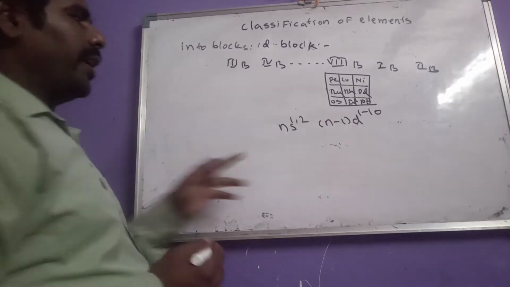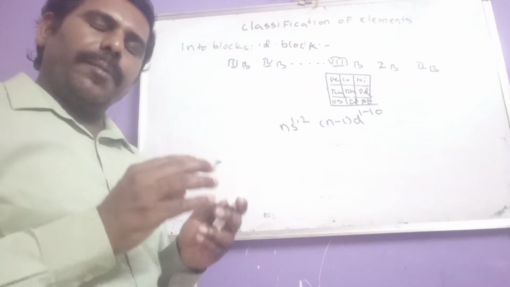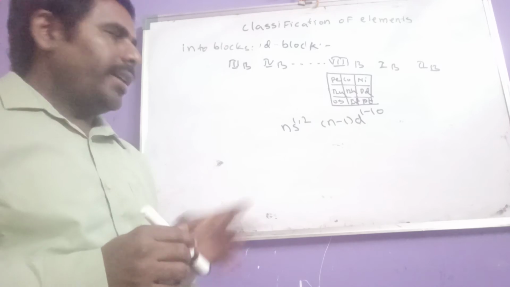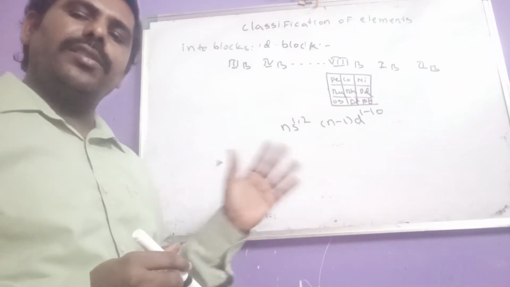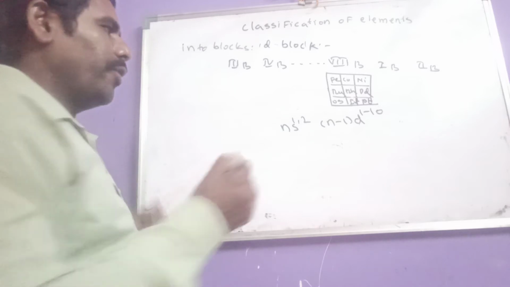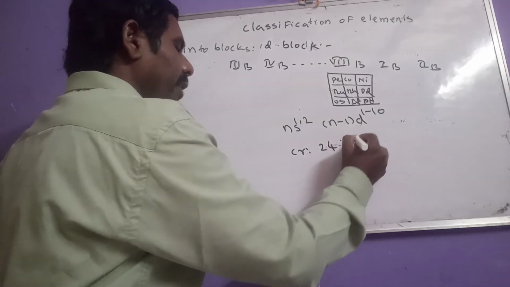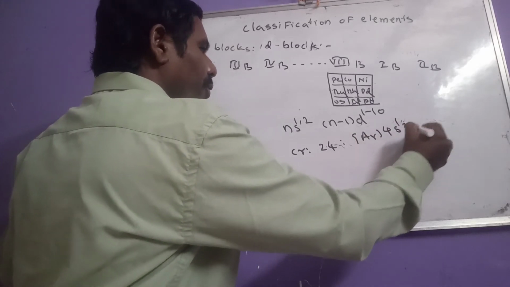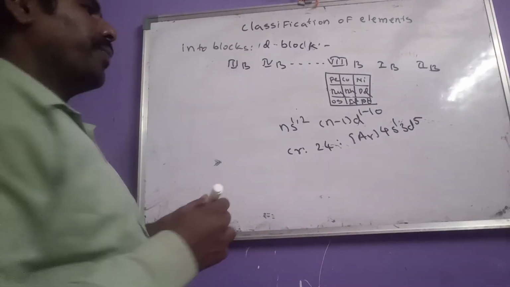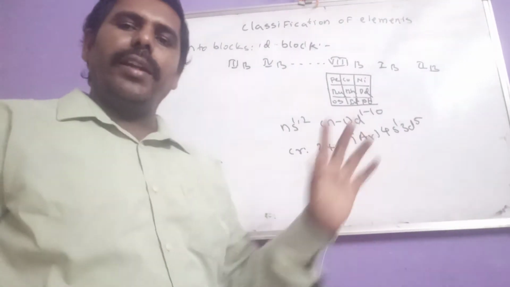Why have we written ns1,2? Because for some d block elements, the ns2 configuration has changed to ns1. Let us see one example: chromium. Chromium, atomic number 24, has the configuration argon 4s1 3d5. Actually, we would write it as 4s2 3d4.